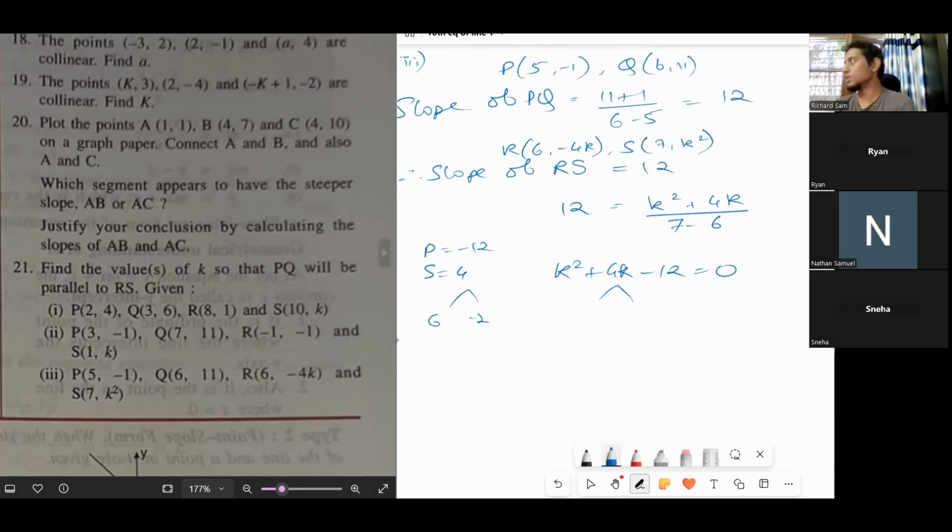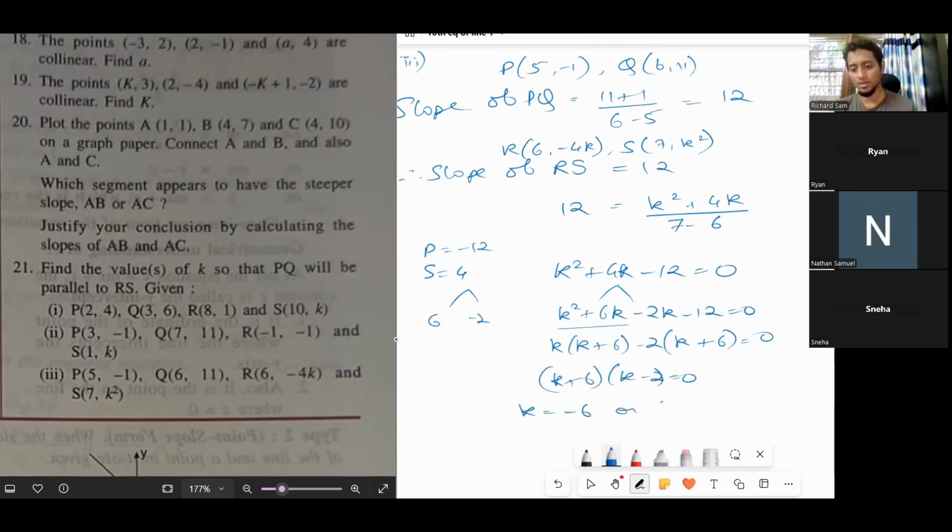So k square plus 6k minus 2k minus 12 is equal to 0. From the first two terms k is common, so we have k plus 6. From the next two terms minus 2 is common, so that's k plus 6 again in the bracket. So k plus 6 into k minus 2 is equal to 0. Therefore k is equal to minus 6 or k is equal to plus 2.